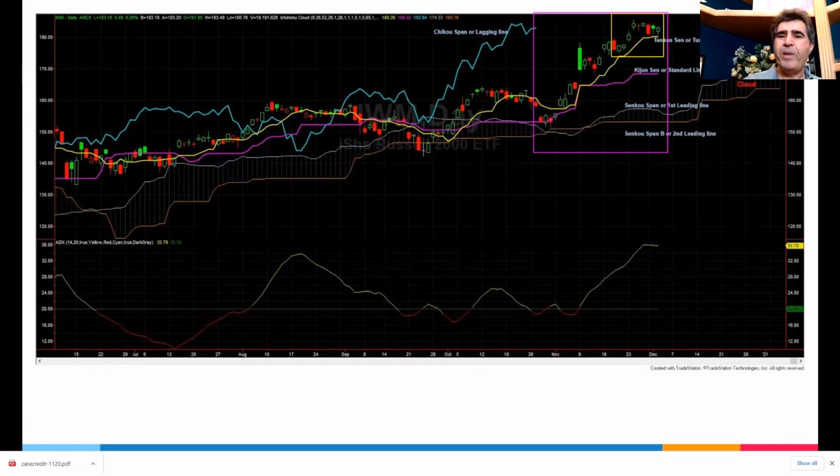Now we go back, and there's this blue line, the Chikou span, which, as we call it, is the lagging line, which looks at the past, where we were. And then we have these 2 lines, which I call Senkou Span A and Senkou Span B, and what's in the middle of these 2 lines is the cloud. This is the future. Just bear with me: you have 5 lines, 2 are present, 1 is past, 2 are in the future.